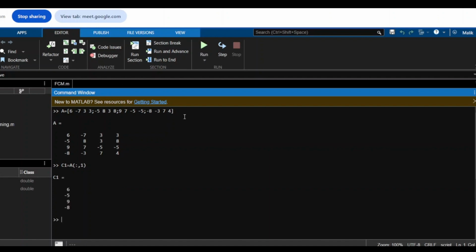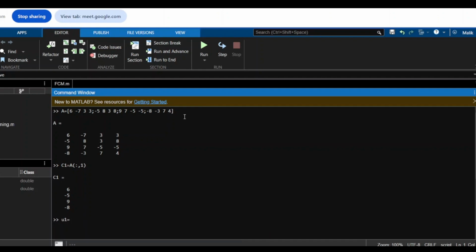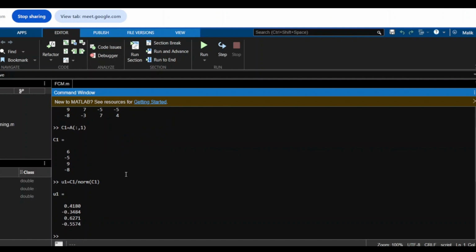Now that we have taken the first column of A, we form U1. U1 will be C1 upon norm of C1. Now we got U1 also.